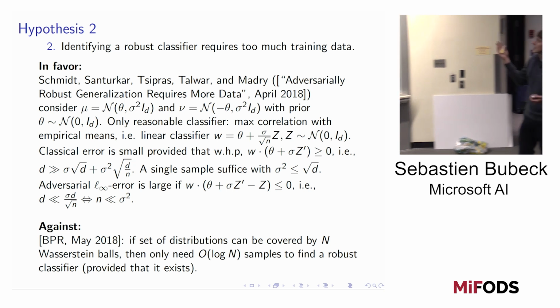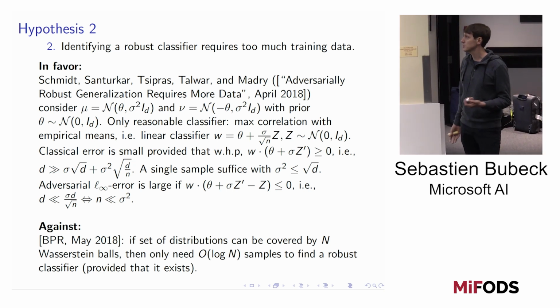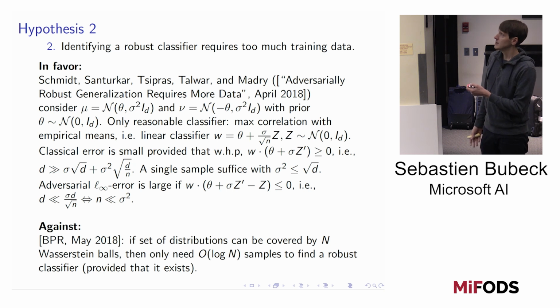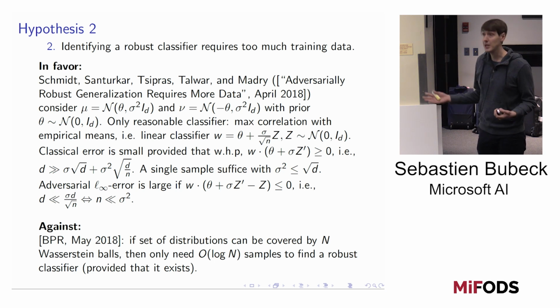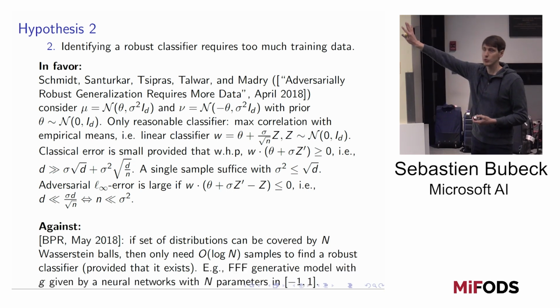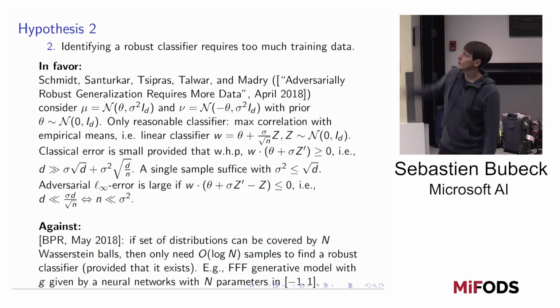It doesn't really matter what it is, but it's what you imagine if you know the Wasserstein distance. Then the point is, once you know this, just log N samples suffice to find, information theoretically, a robust classifier, if it exists.